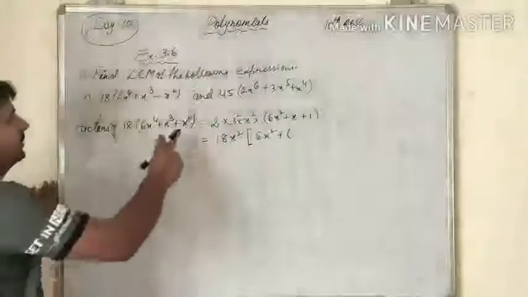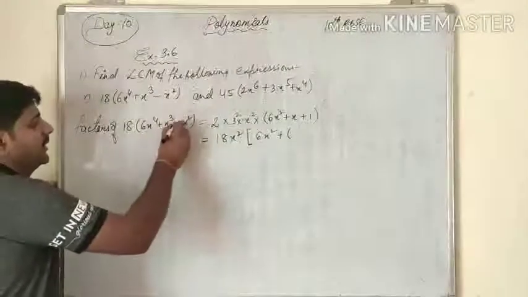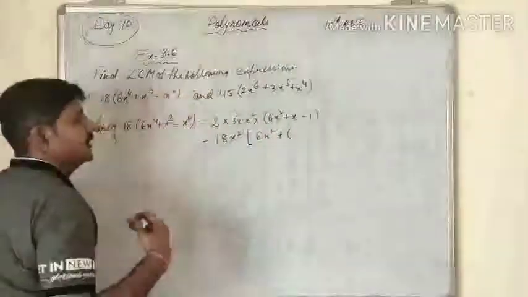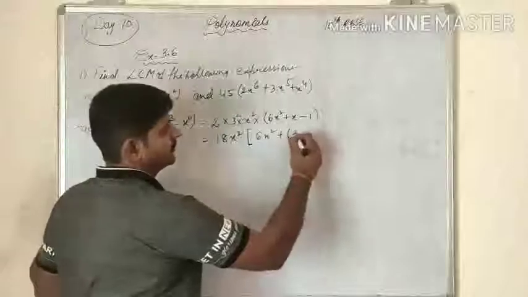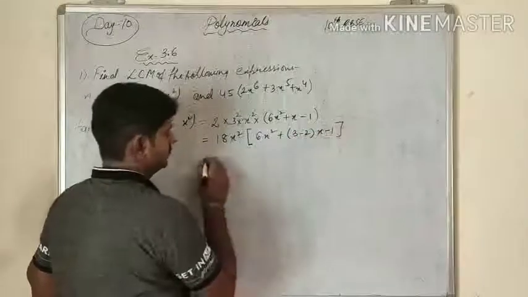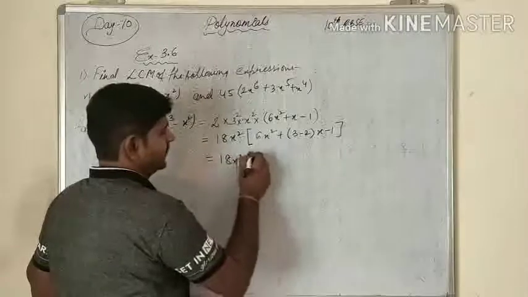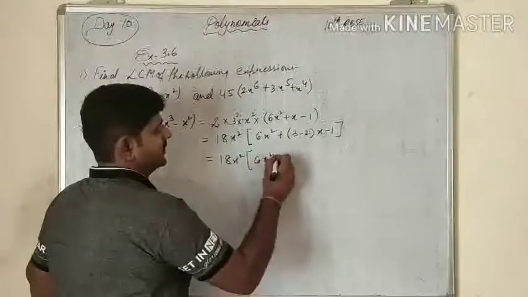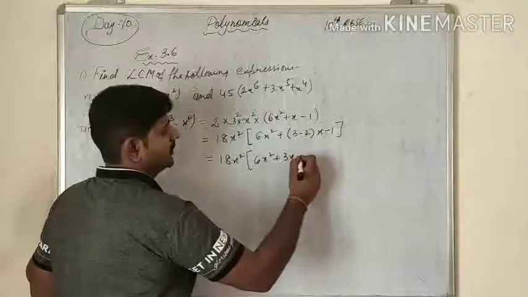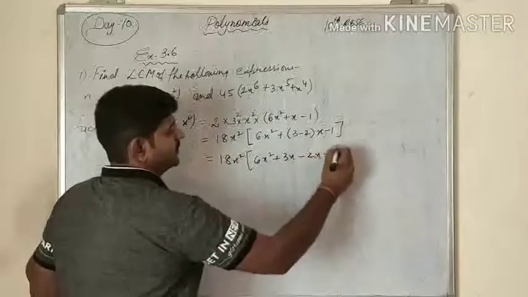It was minus 1, that's why we are not getting the correct answer. So let it be the same, negative. Now it is possible: 3 minus 2. So 18x square, 6x square plus 3x minus 2x minus 1.